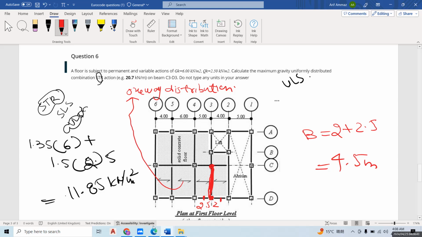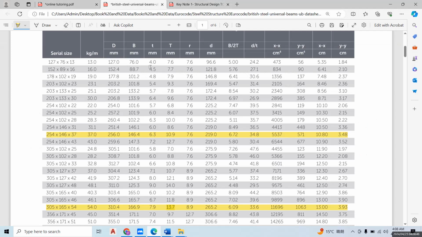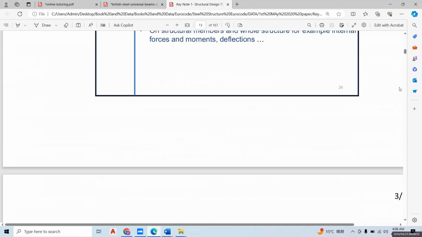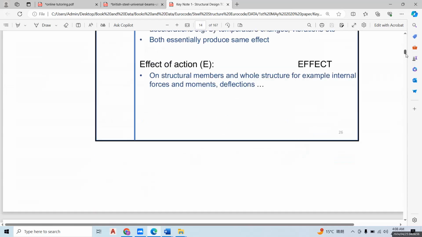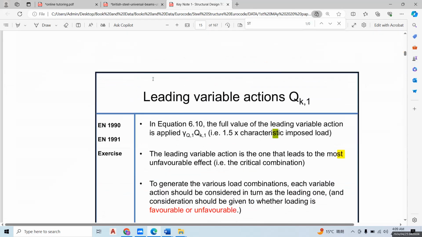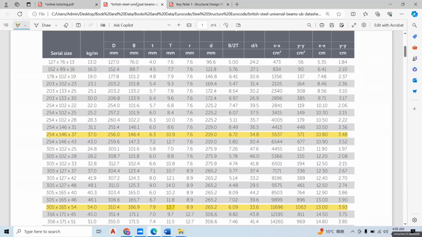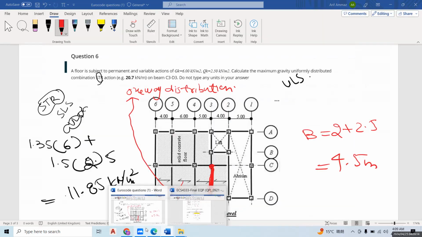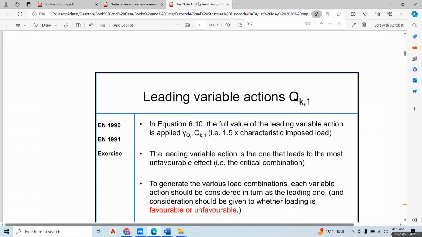Like this table, this is your table. Let me search here for STR. Sorry, SRT. It's STR, you mean?